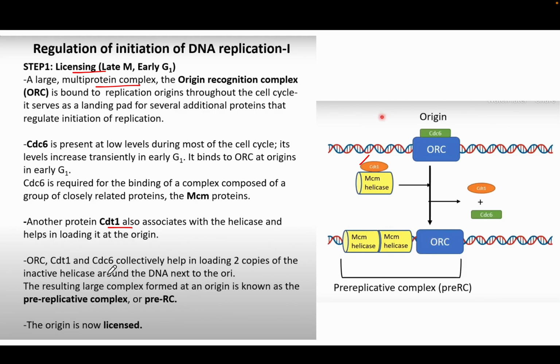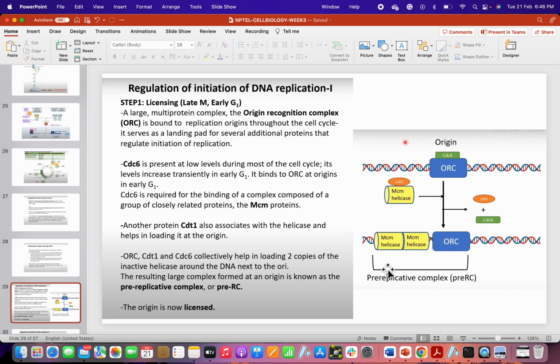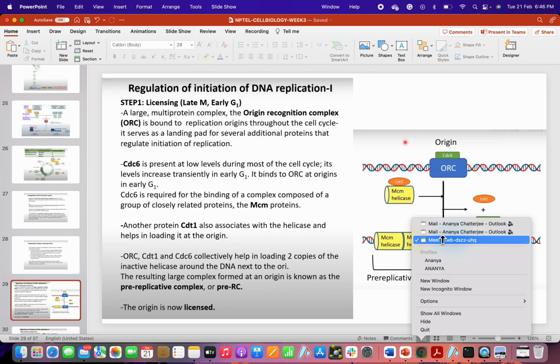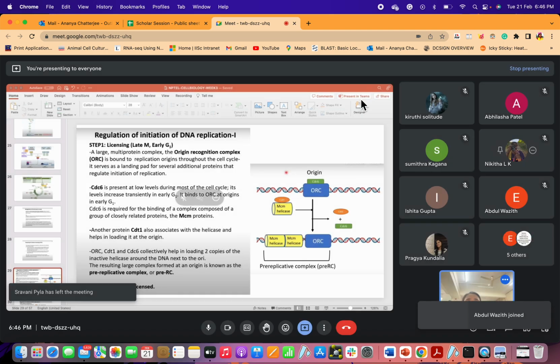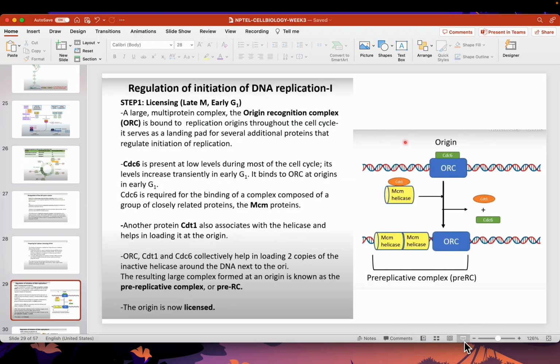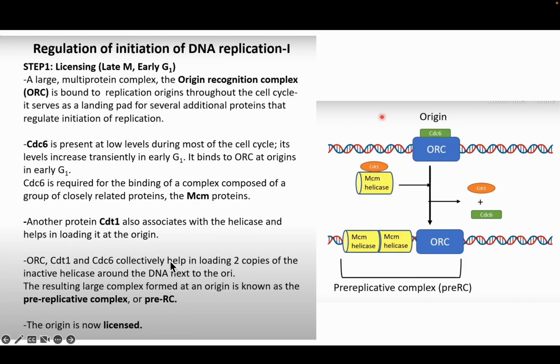So ORC, CDT1 and CDC6 collectively help in loading two copies of the inactive helicase around the DNA next to the origin.